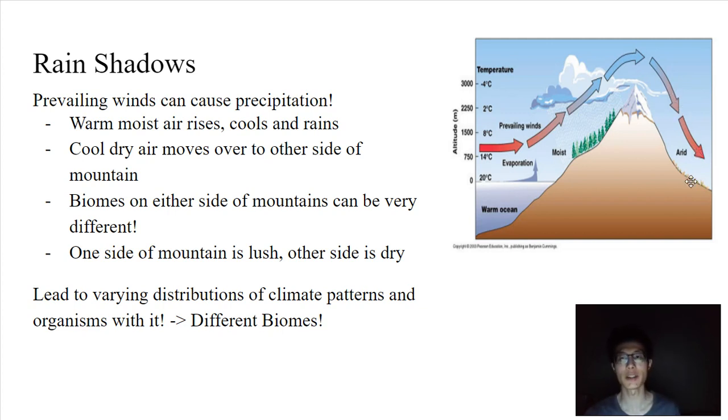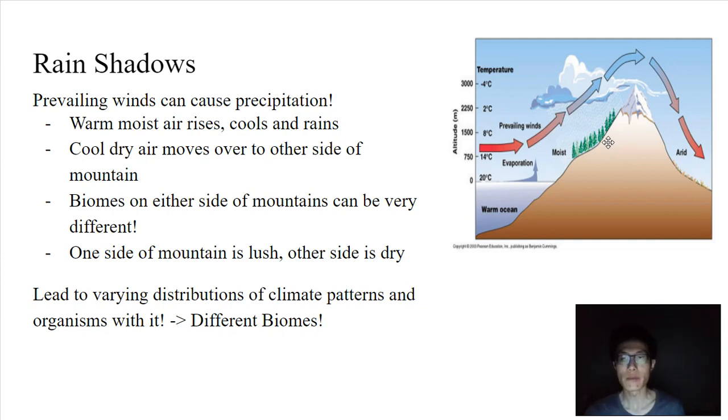So this region on the opposite side is going to be much drier. This is fascinating because it's in the same general location in terms of latitude, but you can have extremely varied microclimates over just a short distance.